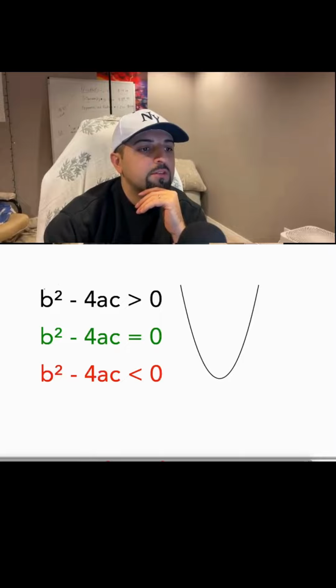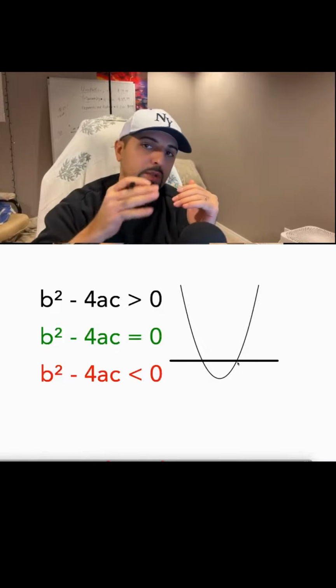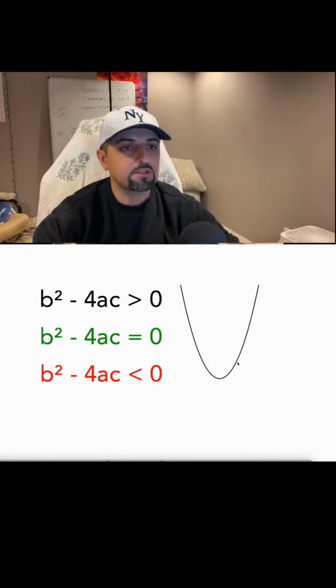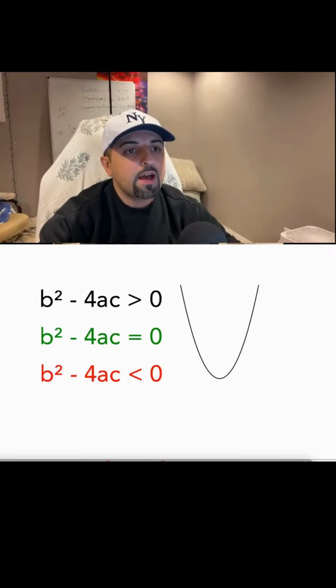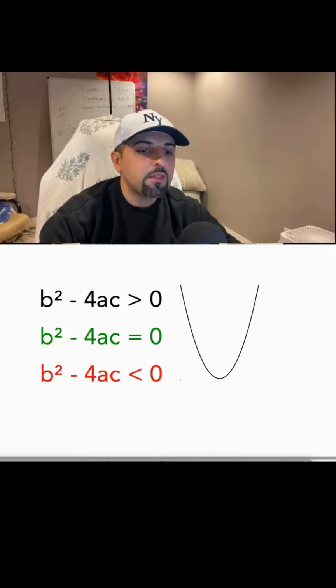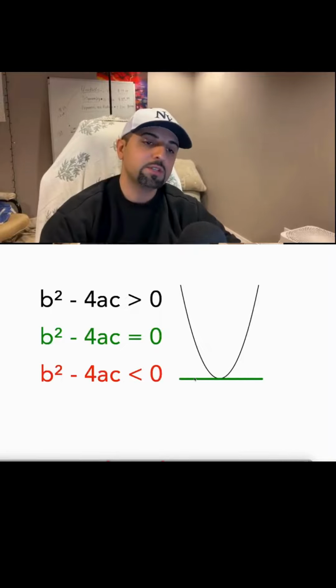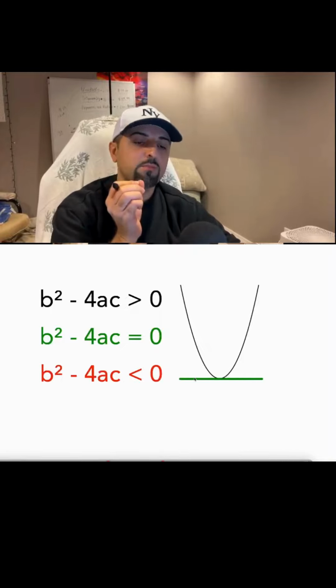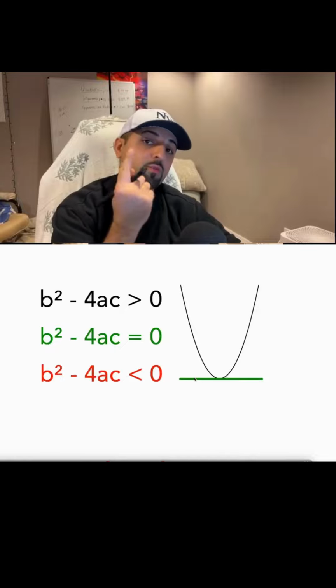Well, if that discriminant is greater than 0, that means that I have two roots, or, in other words, two x-intercepts where the parabola crosses the x-axis. If I have that discriminant equal to 0, that means I only have one x-intercept, which means that the vertex, the lowest or the highest point, hits the x-axis one time.